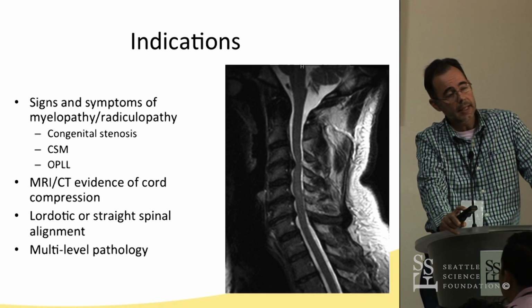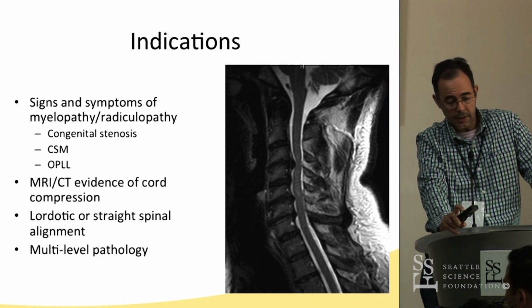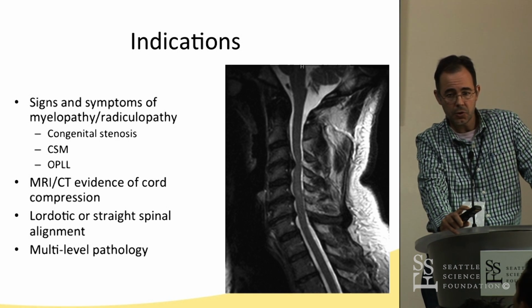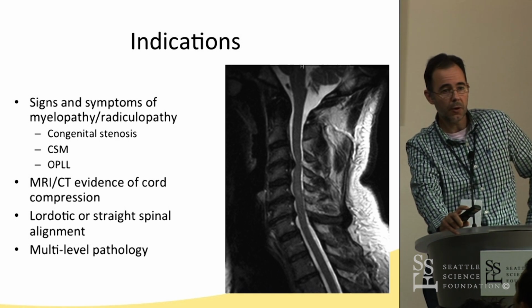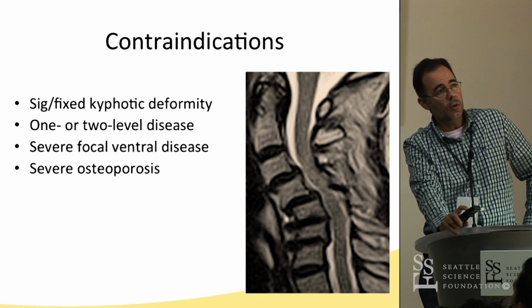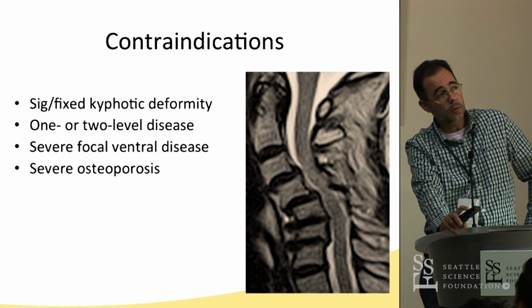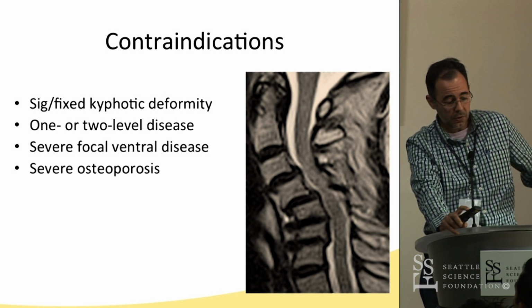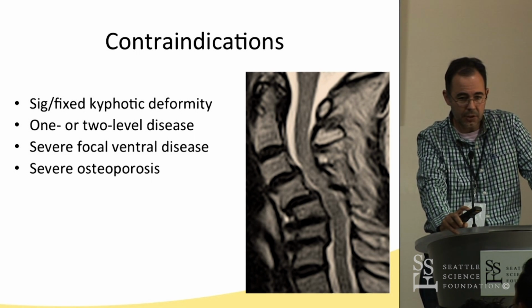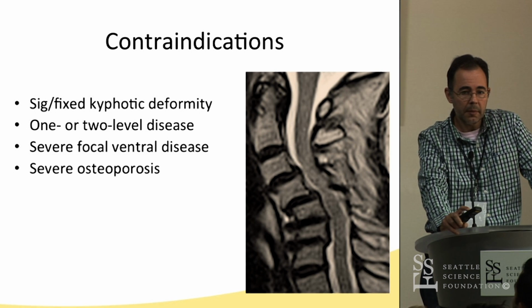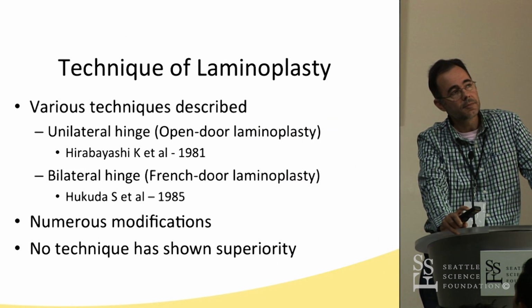Again, the indications are varied, but for a patient that has minimal neck pain and pure myelopathic processes, a laminoplasty would be a good choice if they have good lordosis. So if they have a kyphosis, or a disease process where you need to do a deformity correction, laminoplasty is contraindicated.